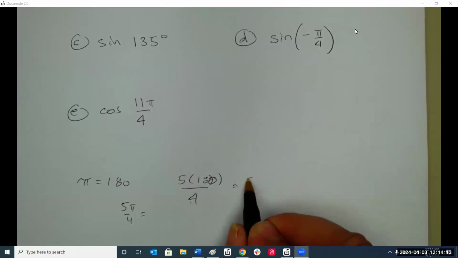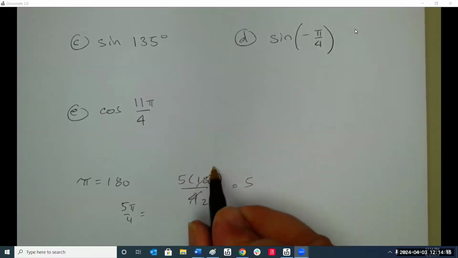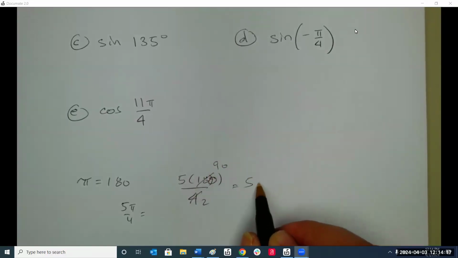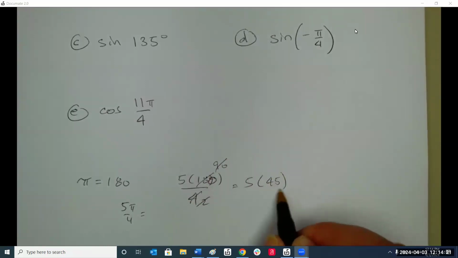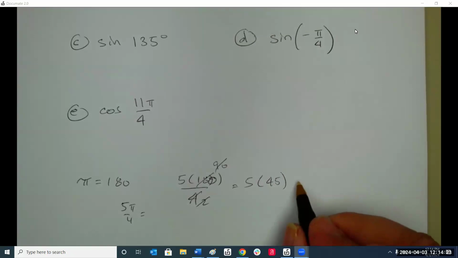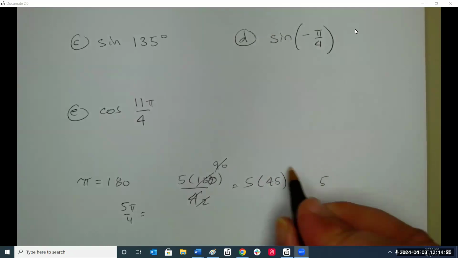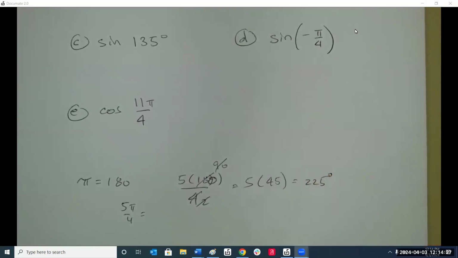Well, let's do it slowly. 2 goes in there 90 times, and 2 goes in there 45 times. So 5 times 45 is 225 degrees. So basically, that's all you need to know to convert from the pi measurements to degrees. Just substitute the 180.